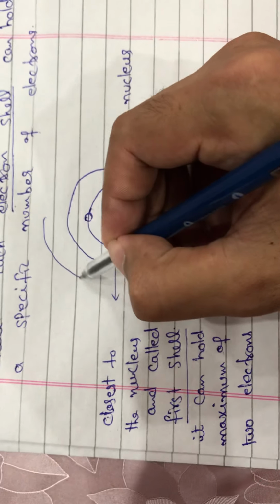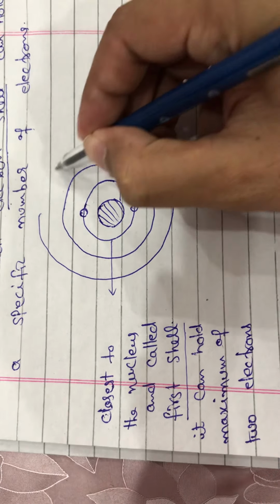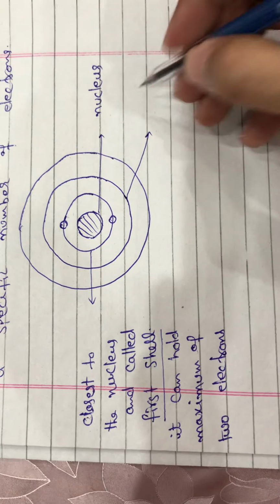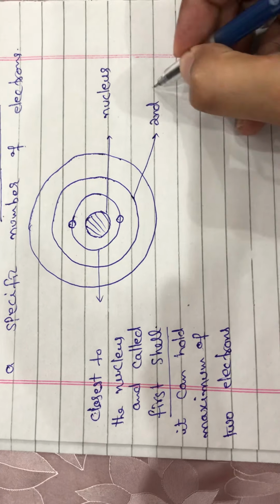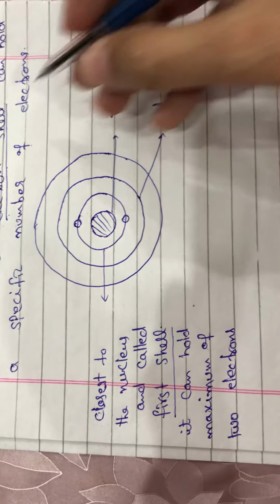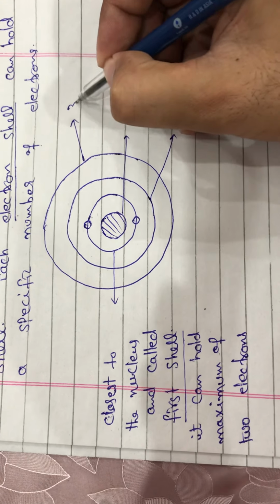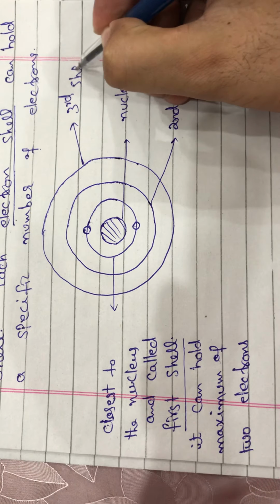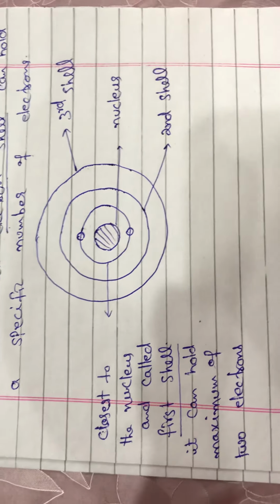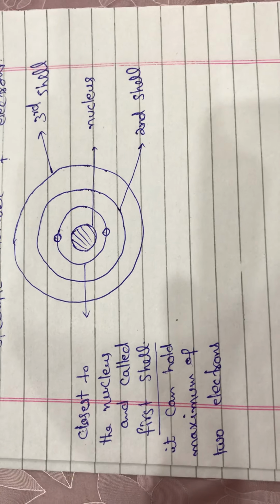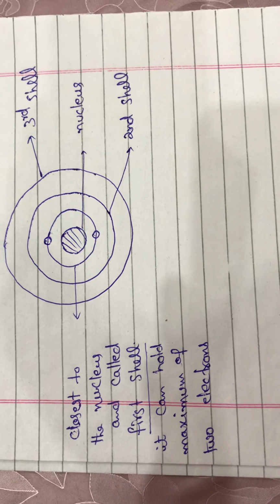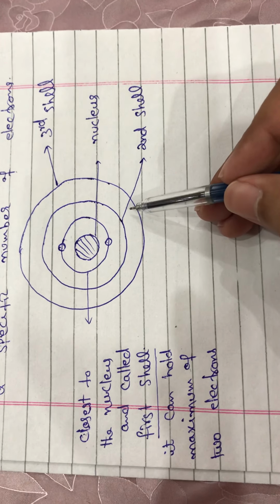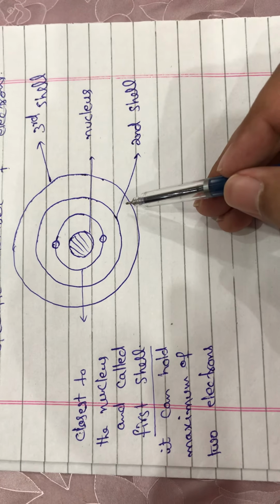Now, the second shell and the third shell. This is the second shell, and this one is the third electron shell. Now, how many electrons come in the second shell or the third shell?